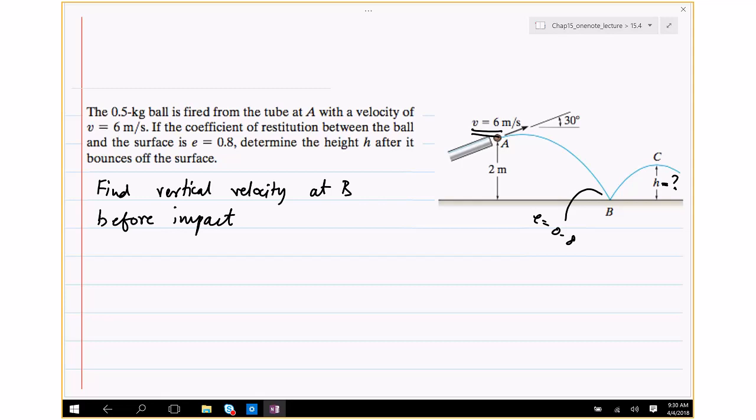We call this x, this y, so velocity y squared is velocity y0 squared plus 2g h, or 2a, acceleration times delta y, right?